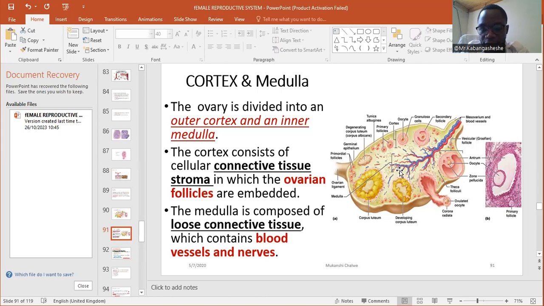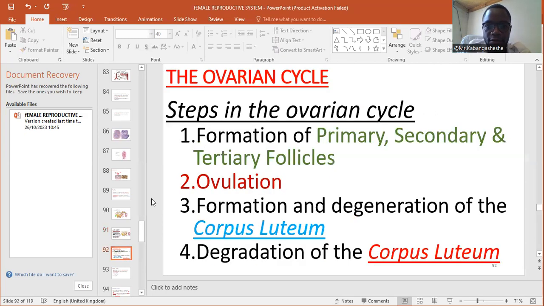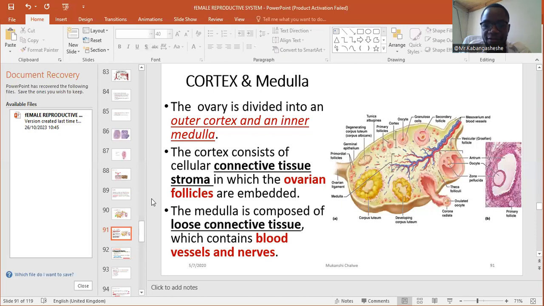It's worth knowing that there are four layers. Within the cortex, we find follicles in different stages of development. The process of formation of the female gametes, which is the ovum, begins during fetal life. During fetal life, the process of oogenesis begins and then continues on through puberty.